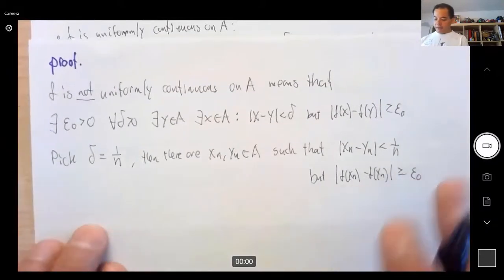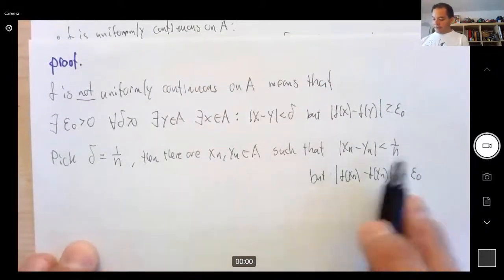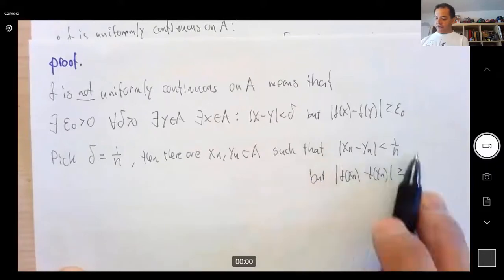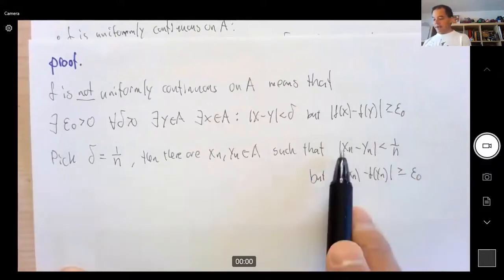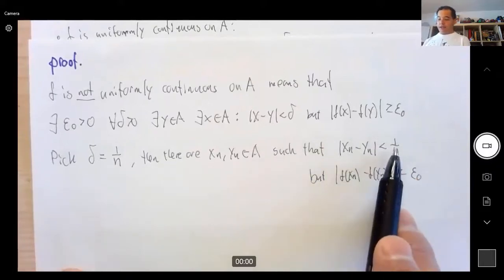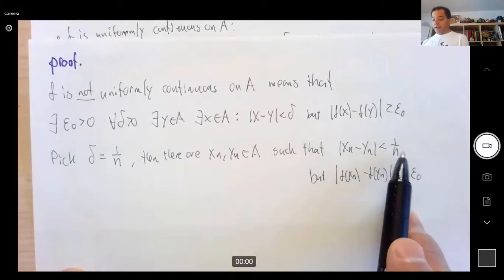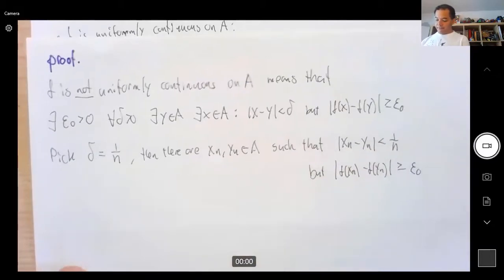And we are done because this guarantees that this sequence goes to 0, right? Because |xn minus yn| is less than 1 over n, and when n goes to infinity, this will go to 0.